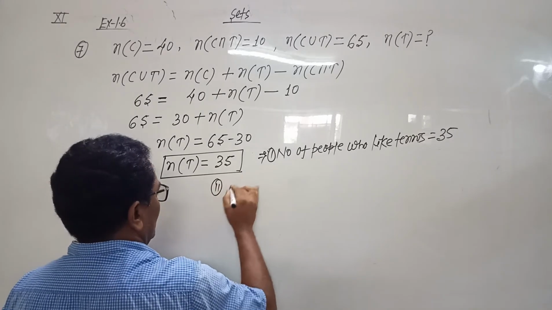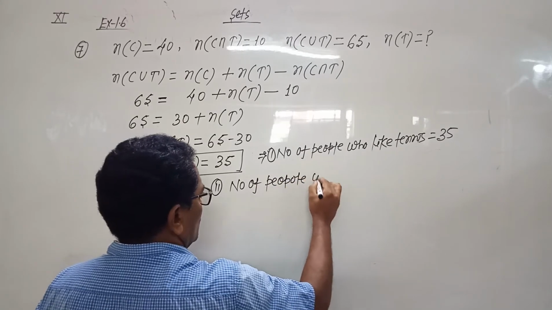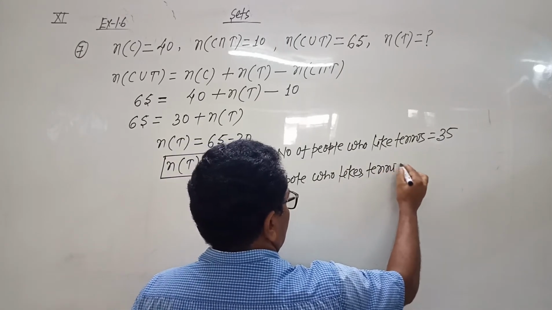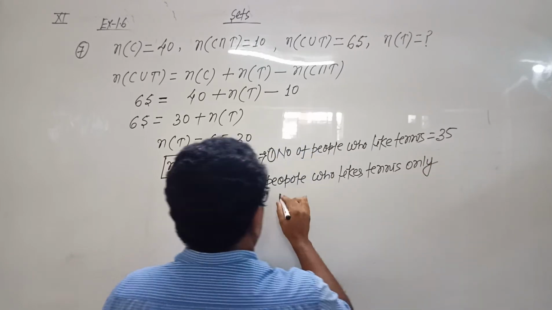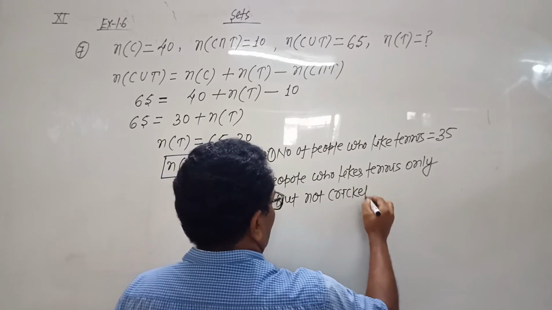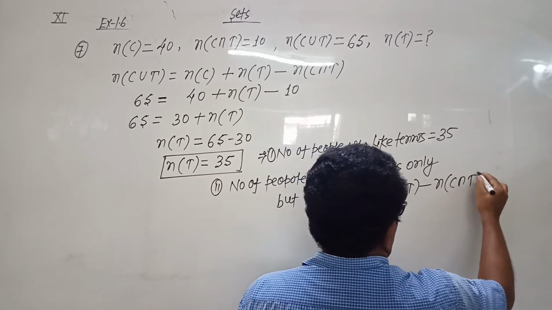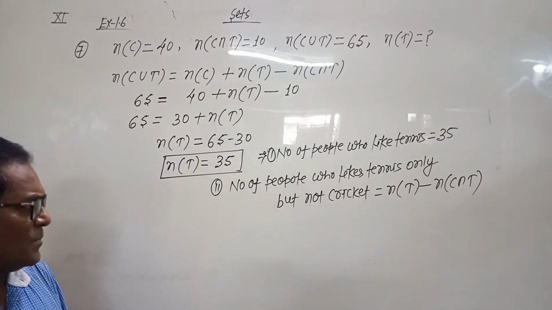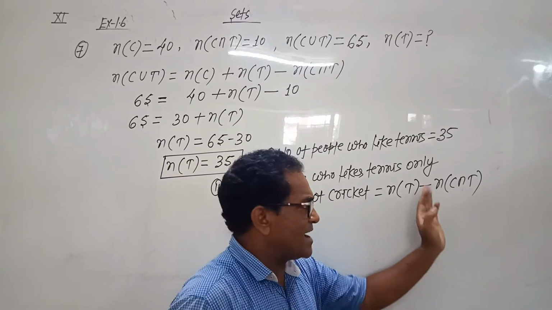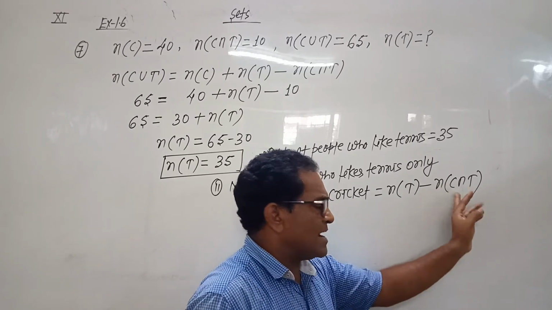The number of people who like tennis only but not cricket equals n of T minus n of C intersection T. That is, the number of people who like tennis minus the number of people who like both tennis and cricket.